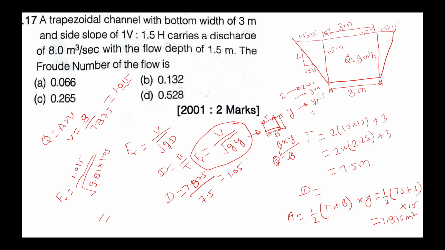So it is coming 0.316. So here no option is matching, so it means all options are wrong. In such type of question, in any exam all students will get equal marks for that.